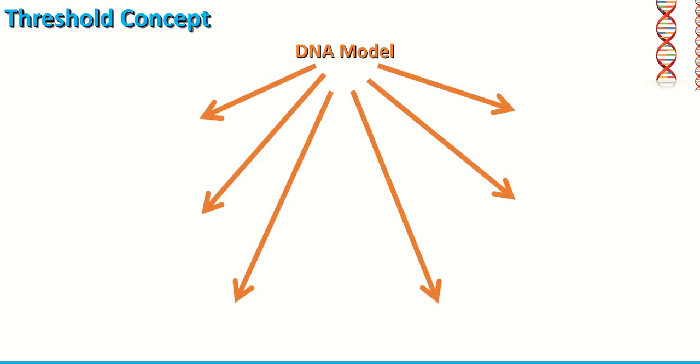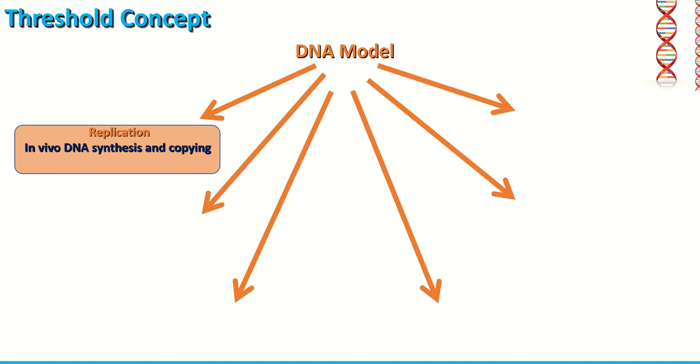Now, to address it further, understanding and mastering the concept of the DNA model, the structure of double-stranded DNA, how the two strands are aligned anti-parallel to each other, and how they are bound through hydrogen bonds, forms the foundation for understanding a process called replication. It's in vivo DNA synthesis and copying, essentially based on understanding the structure of double-stranded DNA.